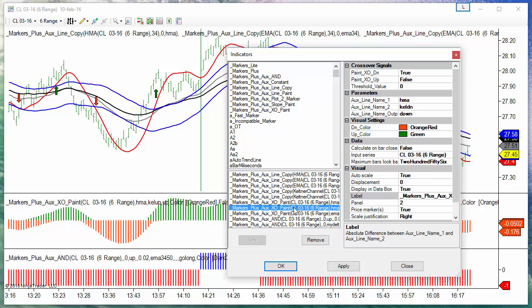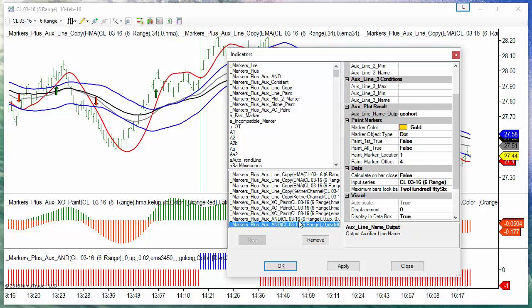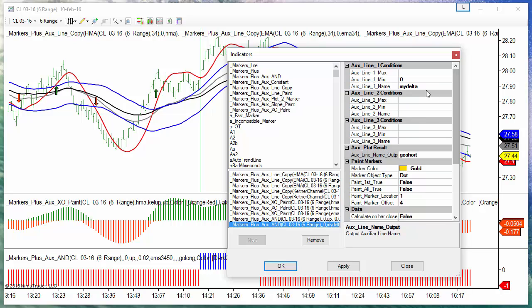This is my second crossover. This one, HMA versus Keltner down. The distance is down, so down must be negative. So now I need a maximum of 0.